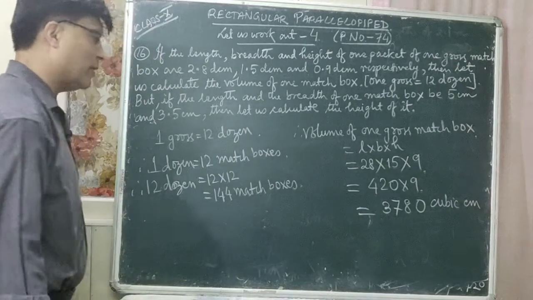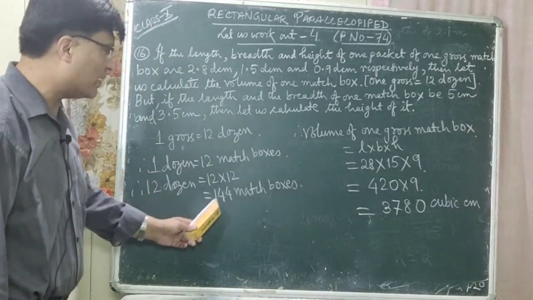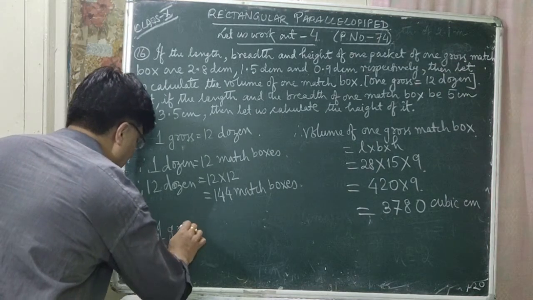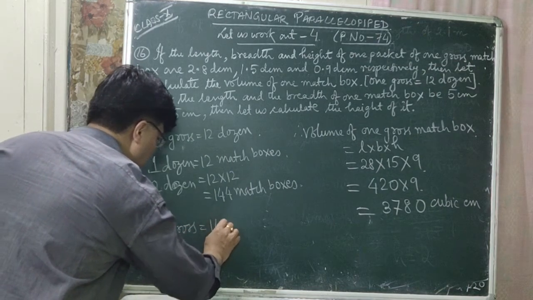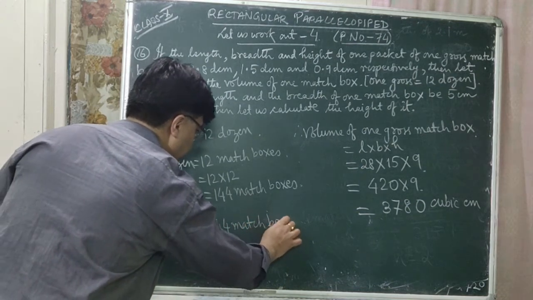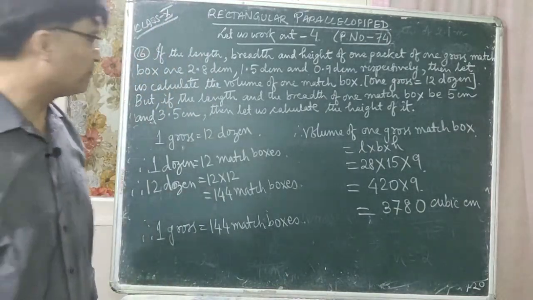That means 1 gross is equal to 144 match boxes. So I think you have understood it.